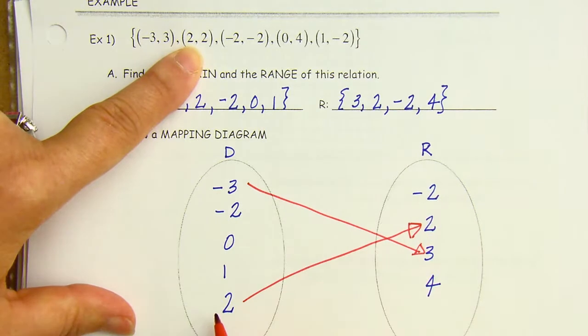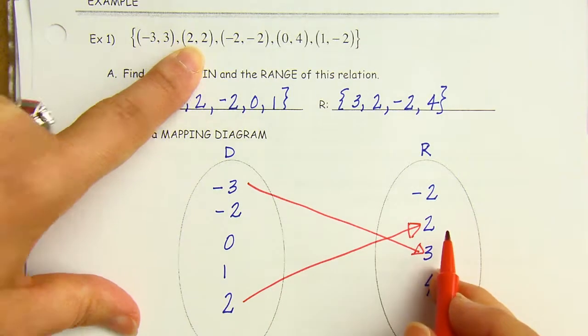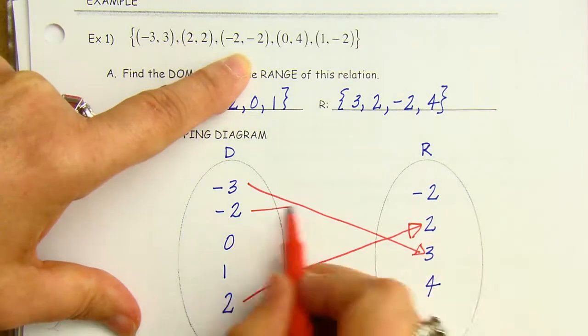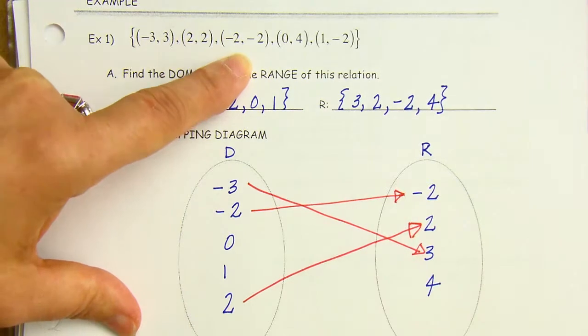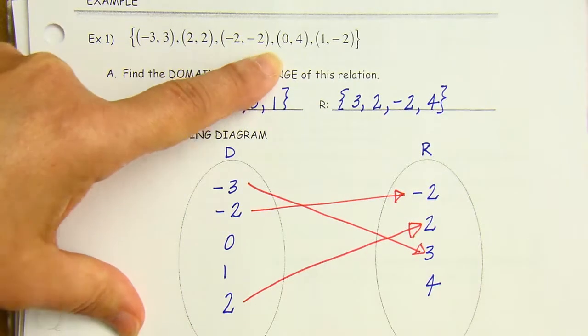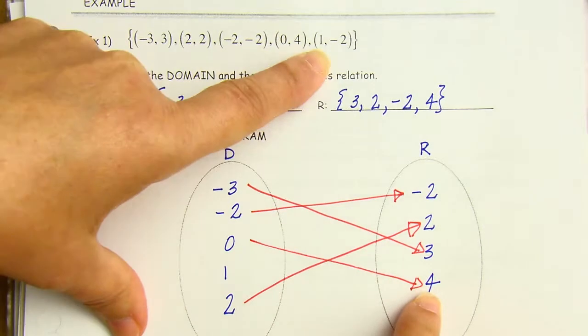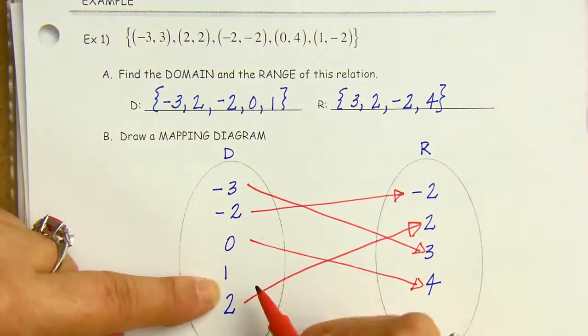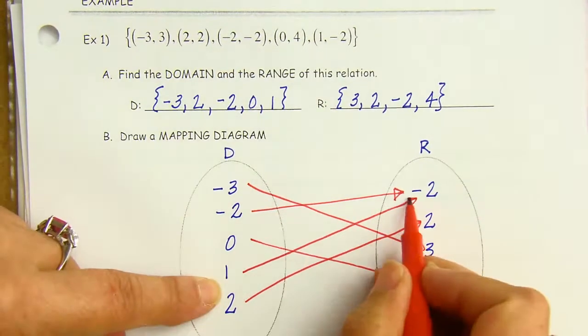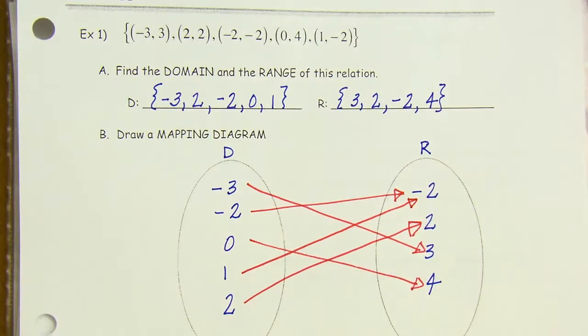So +2 in the domain with +2 in the range. -2 and -2. So I'm just drawing arrows. 0 to 4. Okay, that's an ordered pair. And then 1, -2. That's pretty much it for a mapping diagram.